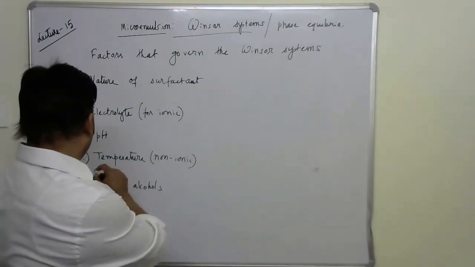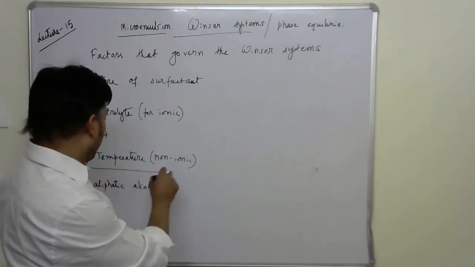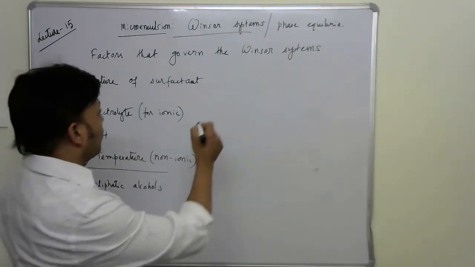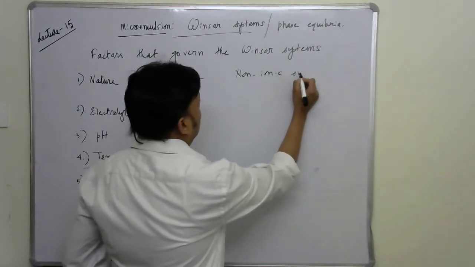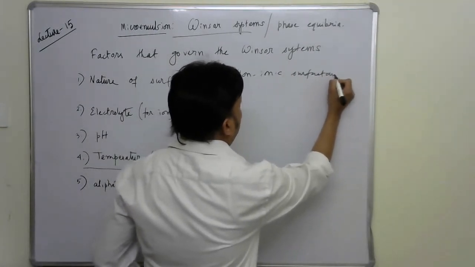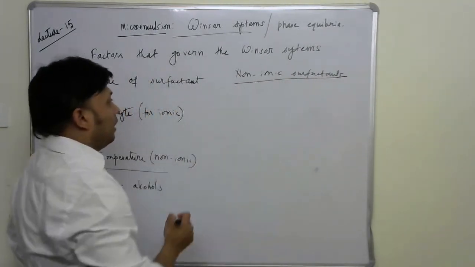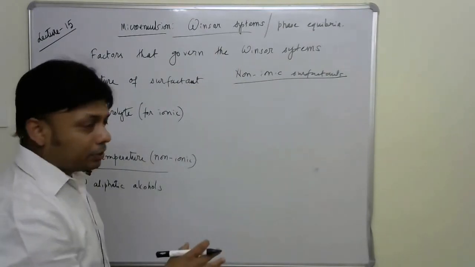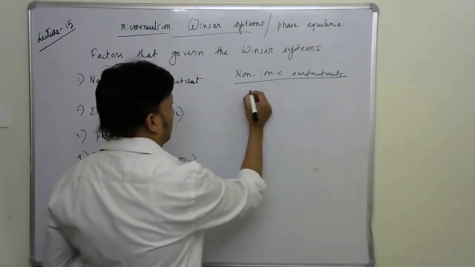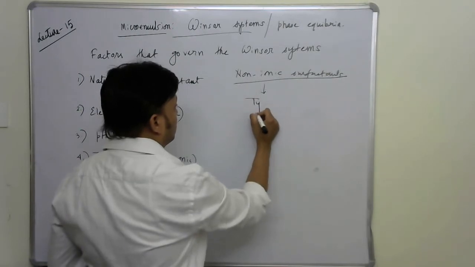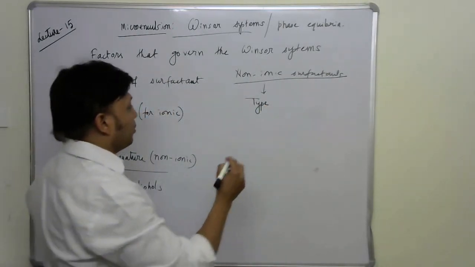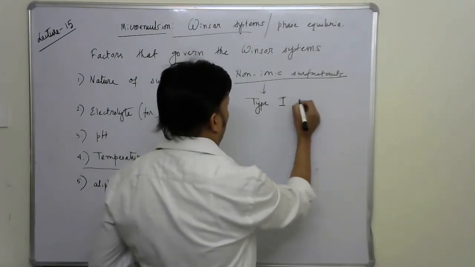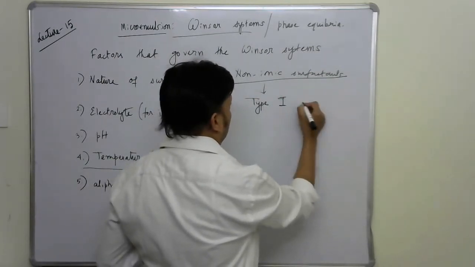So today we will briefly discuss the temperature effect. If we have a non-ionic surfactant, then at normal temperature, usually it would produce the type 1 Windsor system. All right.